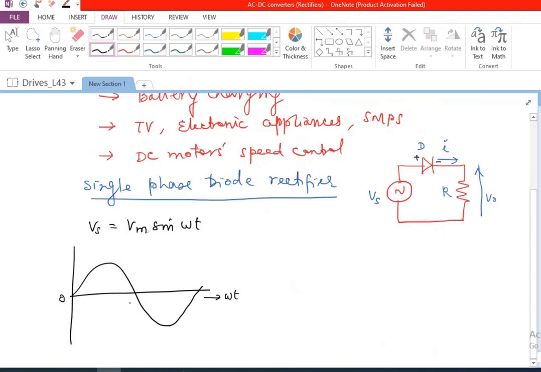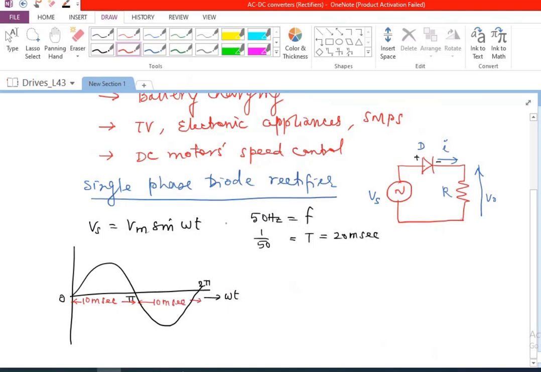This is 0, this is pi, and this is 2 pi. If 50 hertz is the frequency of this supply voltage, the time period is 1 divided by 50, which is 20 milliseconds, so this is going to be 10 millisecond, and again another 10 millisecond.